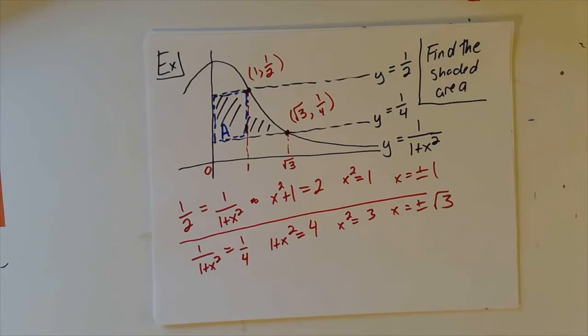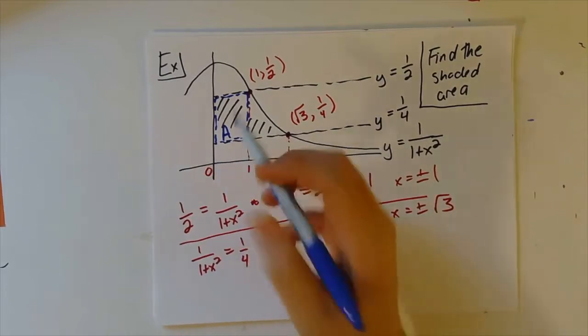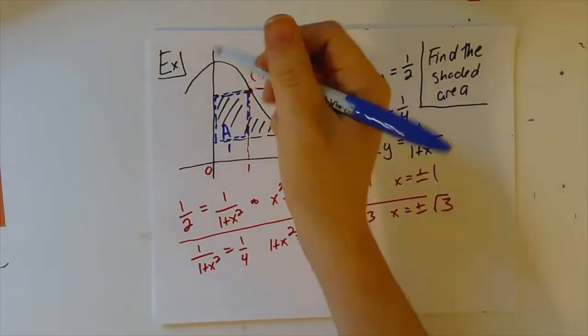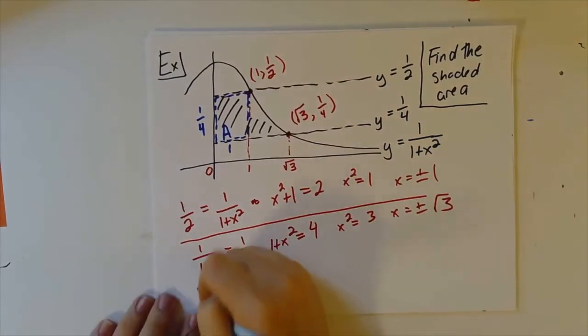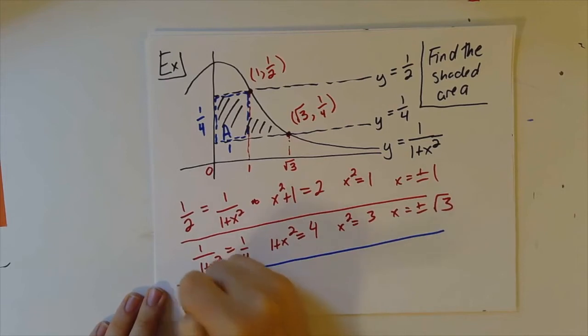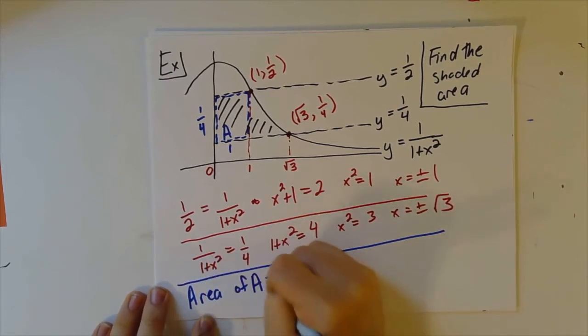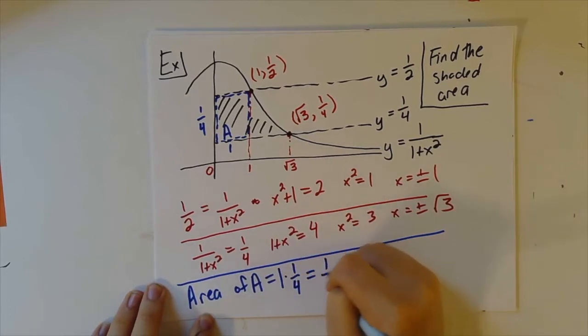In fact, it's a rectangle that is 1 wide and 1/2 minus 1/4 tall. So 1/2 minus 1/4 is 1/4. Okay. So the area of A is just 1 times 1/4, which is 1/4.